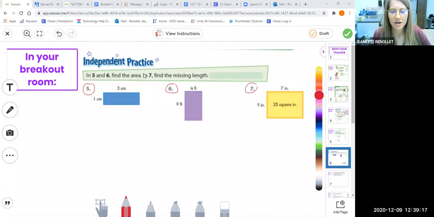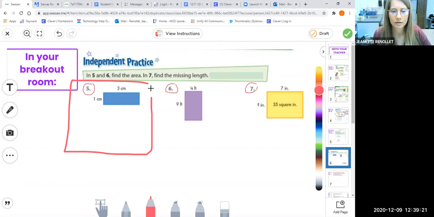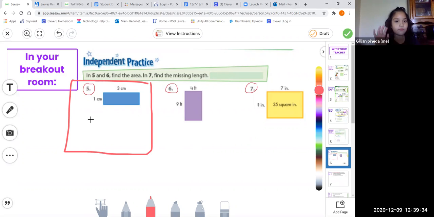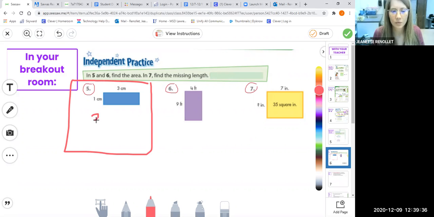Who has the area for number 5? A width of 1, a length of 3. Who has the area? Jillian. 3. 3 what?